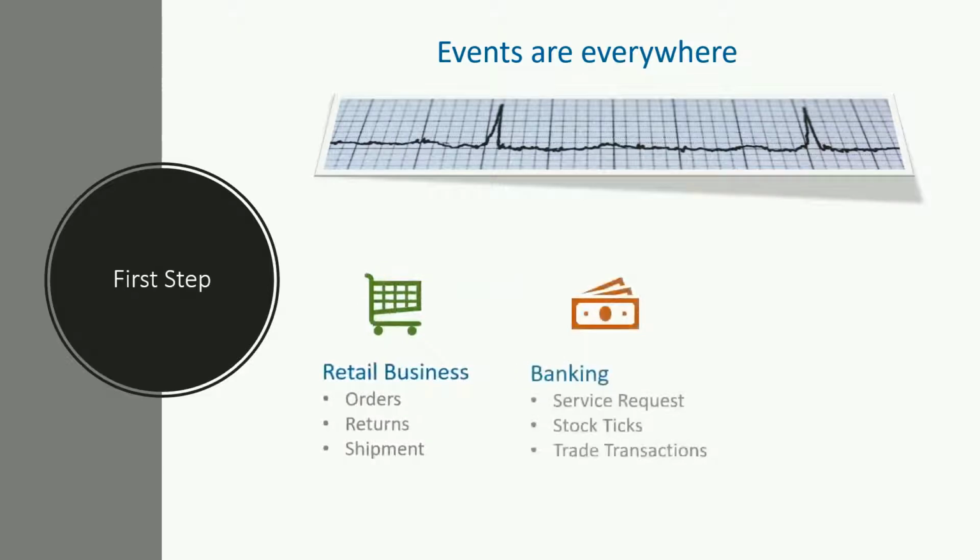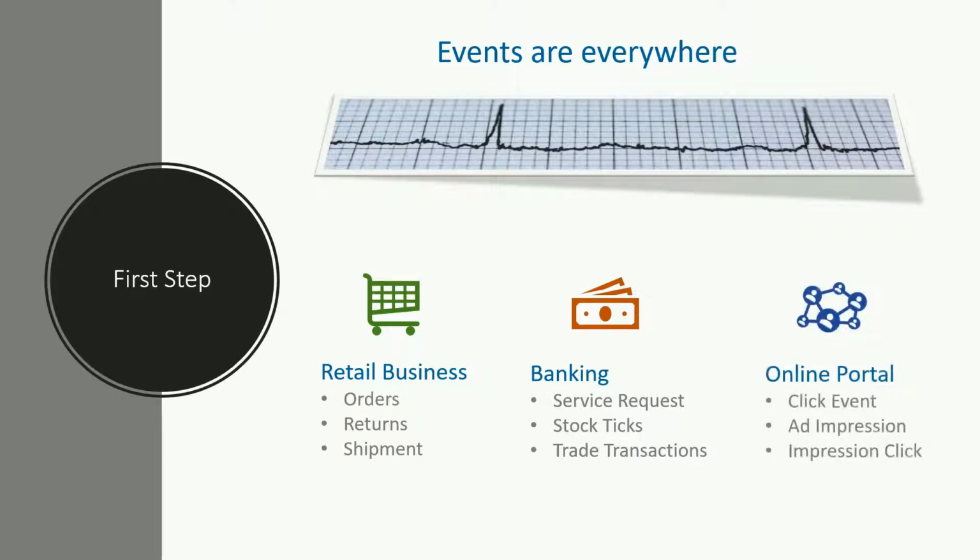Similarly, a bank may have events of customer service requests, stock ticks, market indicators, trade transactions, and financial time series transactions. A popular website might want to track the occurrence of clicks and ad impressions. Displaying an advertisement on your website is also an event.